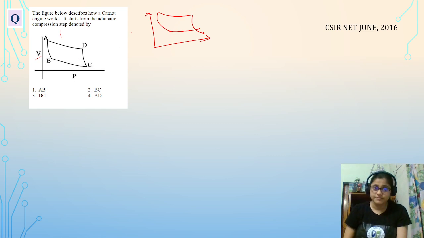In the Carnot engine it was a PV graph, so we have to convert it to PV. How can we do that?